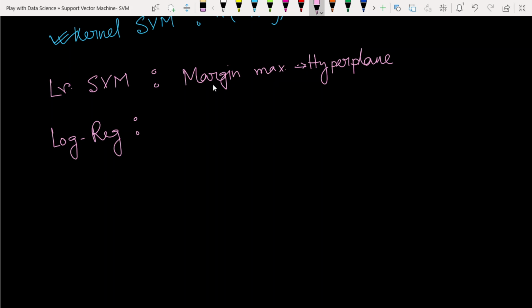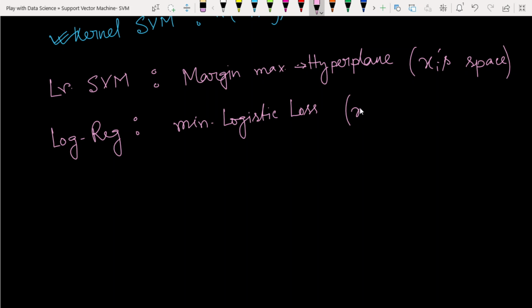In logistic regression, if you forget, please revisit our logistic regression chapter, we are minimizing the logistic loss. Both these things work in the xi space.